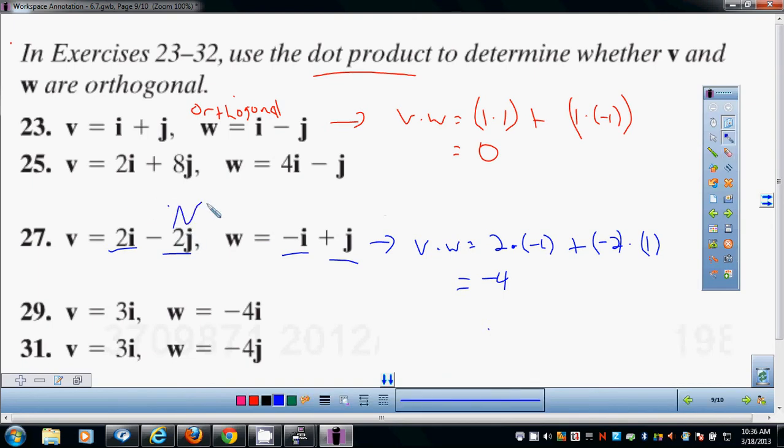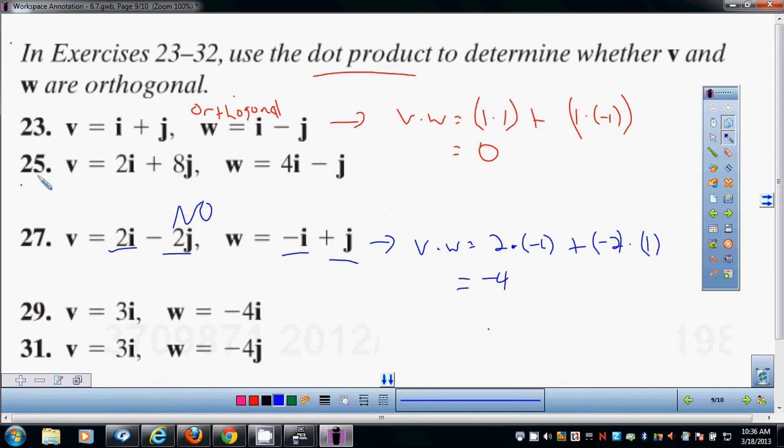Without even punching any numbers in, take a gander at 29 and 31 and tell me what you think. Anytime you have a straight i vector and a j vector, regardless of what their quantities are, one of them is going to be pure horizontal, the other is going to be, oh, actually, I thought that was a j as well. This one will be orthogonal. Straight horizontal, straight vertical, regardless of up or down, left or right.